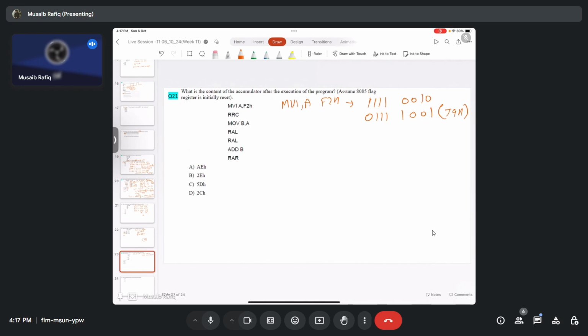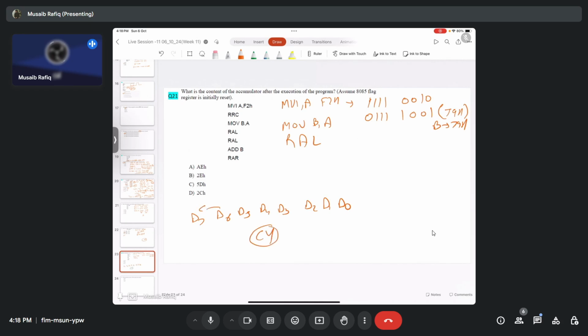Then I have MOV B, A. So contents of A will be moved to B, so B will be 79 hex. Then I have RAL. RAL is basically rotate through accumulator left. So we have D7, D6, D5, D4, D3, D2, D1, D0, and we have here carry.